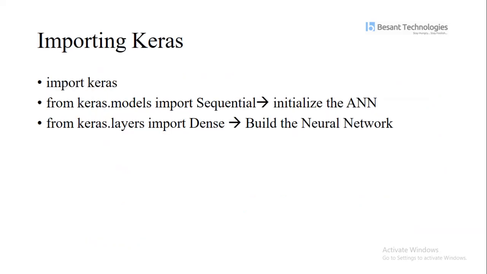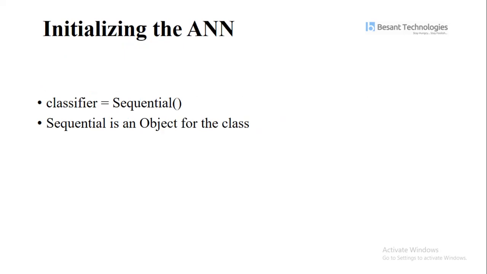This is how to import Keras. We first import Keras, then initialize the ANN and build the neural network. These are the steps we need to implement. First you need to initialize the ANN. To initialize, we have Sequential.